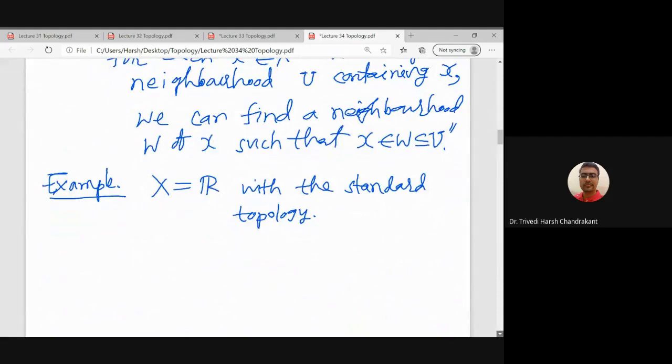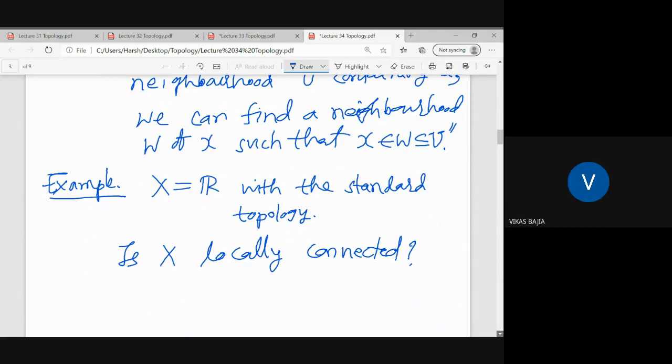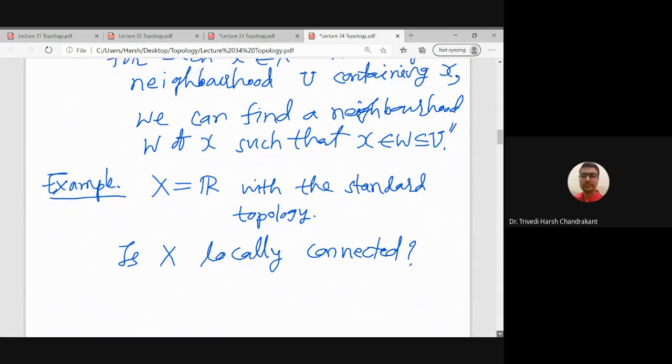So consider, okay, so the question is: is X locally connected? Yes, sir. I think yes. Yes. So how we will show this?